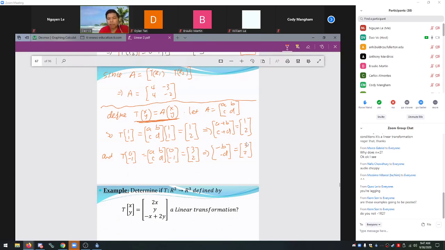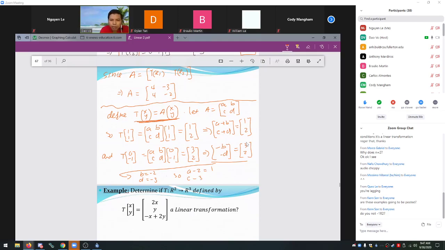So now we have 4 unknowns to solve: a, b, c, d. But if you work on the second equation, you know that b is -2 and d is -3. So you get a - 2 equal to 1, and c - 3 equal to 2.